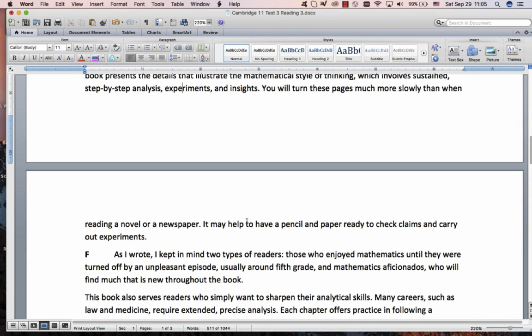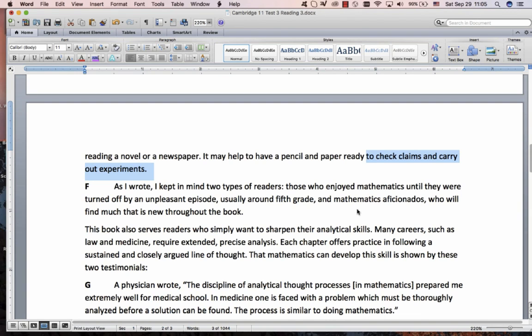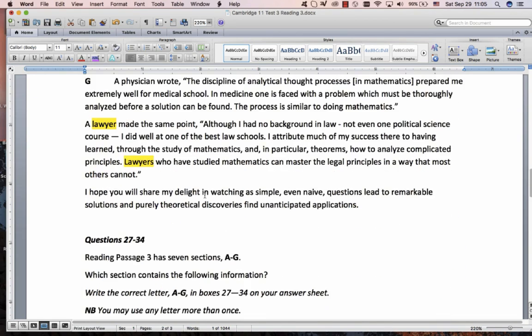It may help, and there's advise. It may help to have pencil and paper ready to check claims and carry out experiments. There we go. Which one of these means to perform, to do, not to check? Carry out means perform. Carry out means do. So what are we going to perform? We're going to perform the experiments.